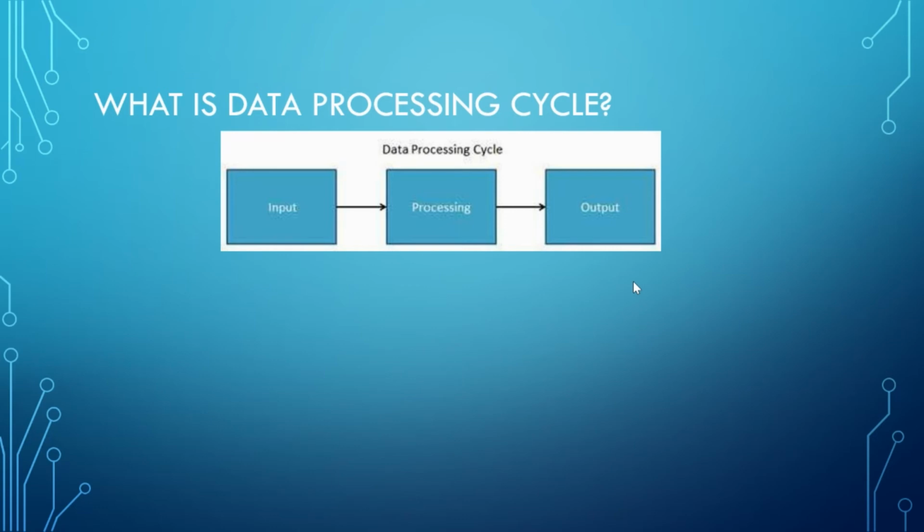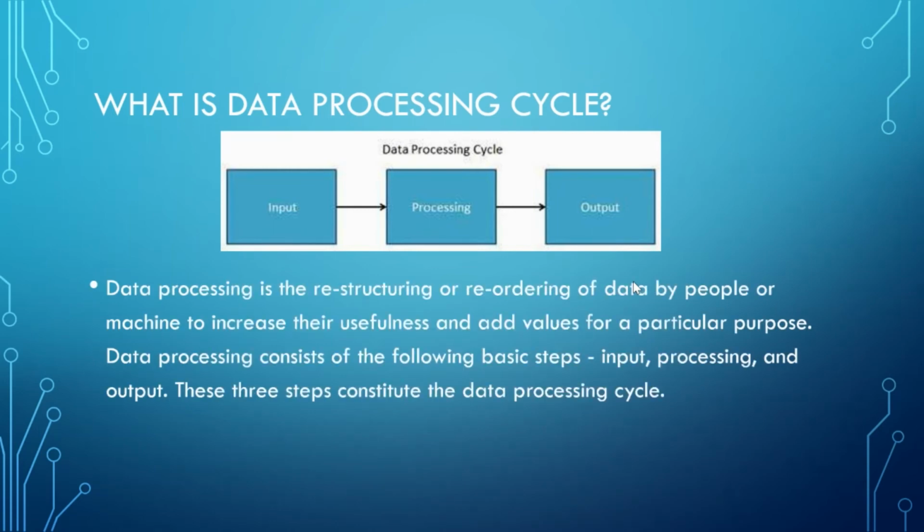Data processing is the restructuring or reordering of data by people or machines to increase their usefulness and add value for a particular purpose. Data processing consists of the following basic steps: input, processing, output. These three steps constitute the data processing cycle.